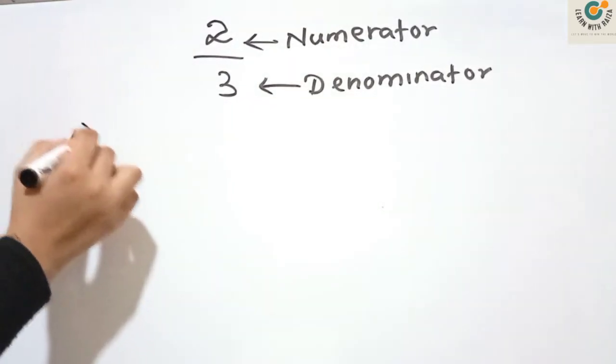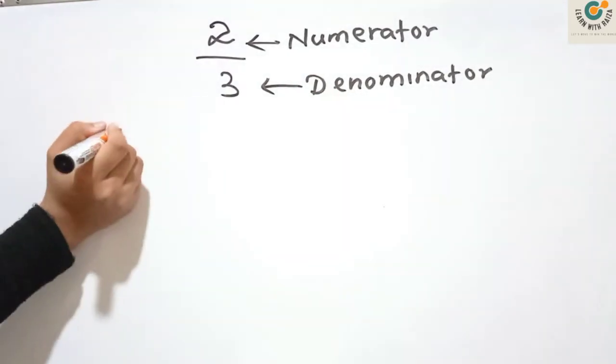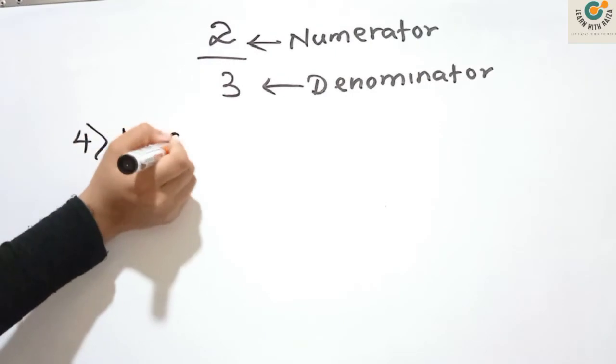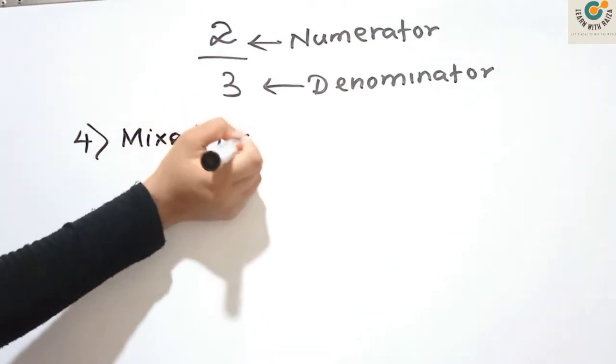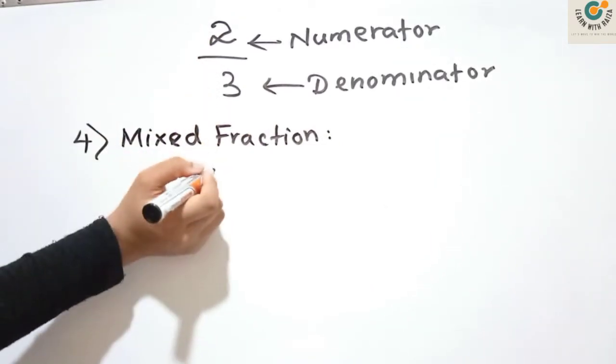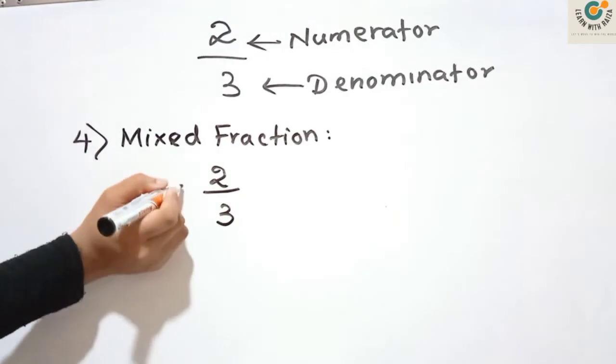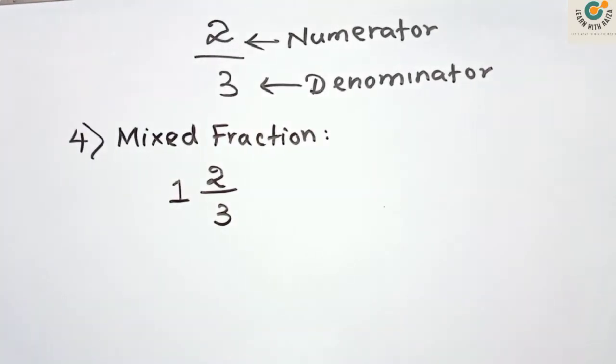And the fourth one, after unit, proper and improper fractions, is the mixed fraction. This is different. A mixed fraction consists of another part also: a proper fraction and also a whole number. This is called a mixed fraction.